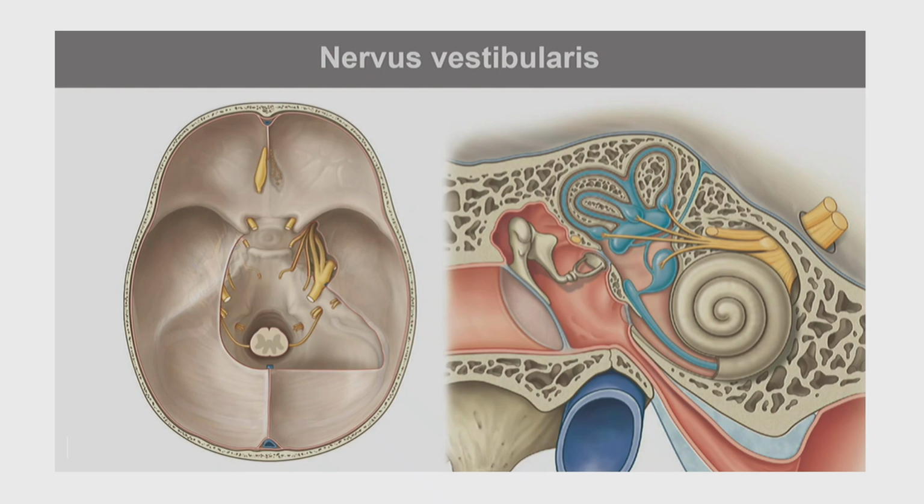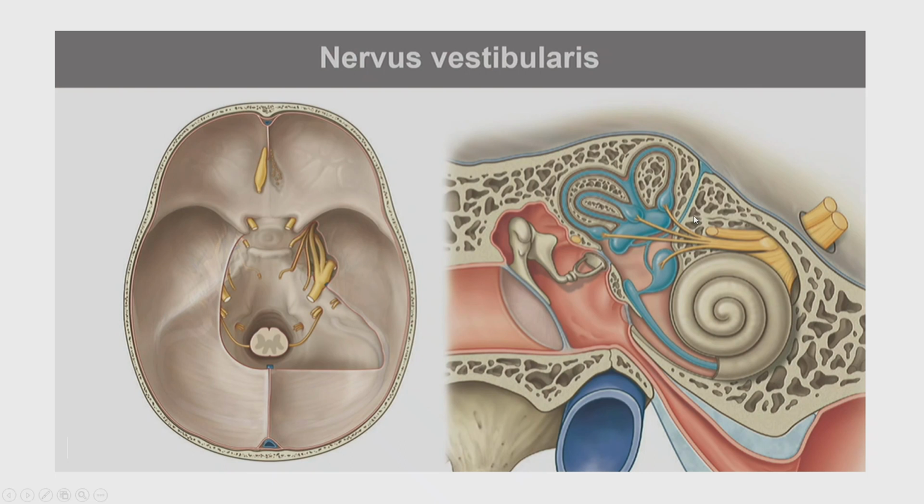The cranial nerve number 8 that we said is passing through the internal acoustic meatus is divided into two nerves. The vestibular nerve is going to the inner ear, and it has connection with the receptors in the semicircular canal and utricle and saccule for orientation of your head.